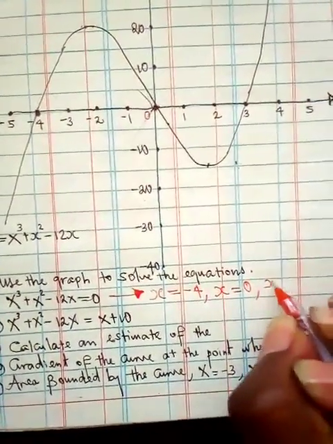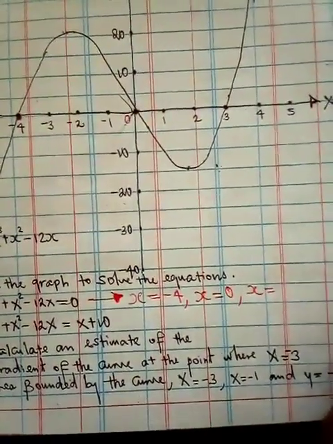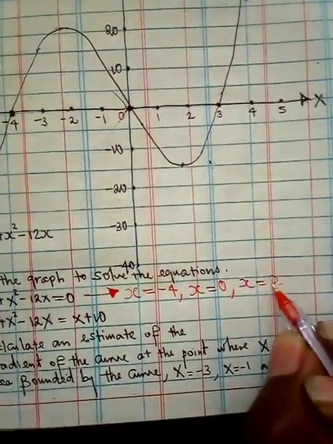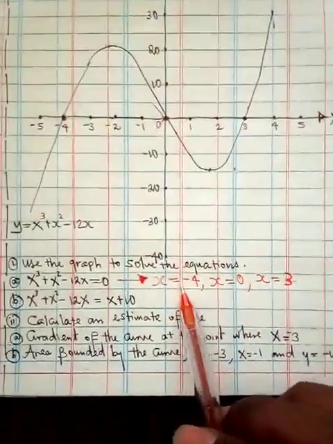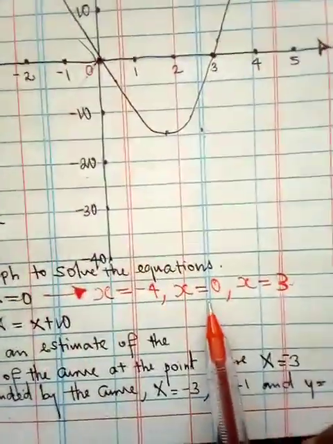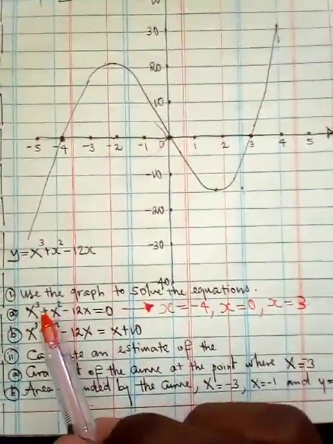It's also meeting the x-axis at +3. X is equal to -4, x is equal to 0, x is equal to 3. That's it for this problem, the first one.